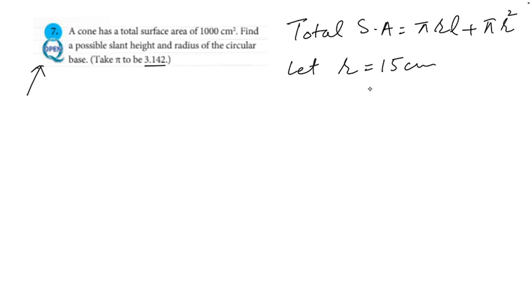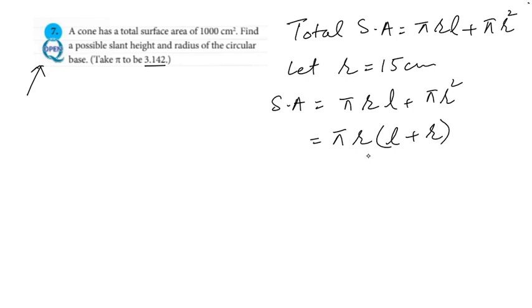It's up to us what value we select. Then total surface area is equal to pi r l plus pi r square. We can take pi as common, and r also, it will be l plus r.